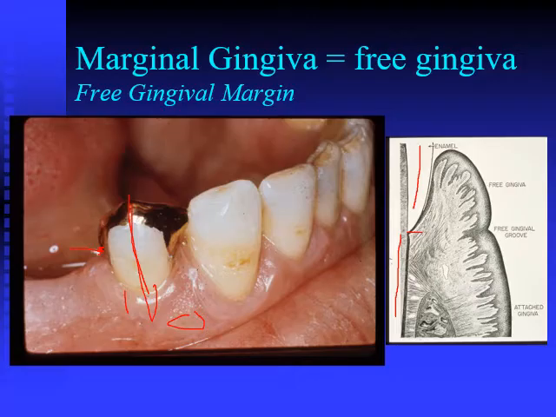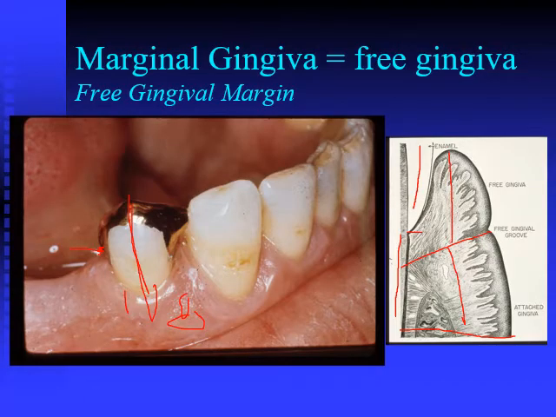We see the attached gingiva, which is this tissue here, uniform coral pink again and somewhat stippled in a healthy situation. We have a free gingival groove which delineates the attached gingiva from the free gingiva or marginal gingiva.